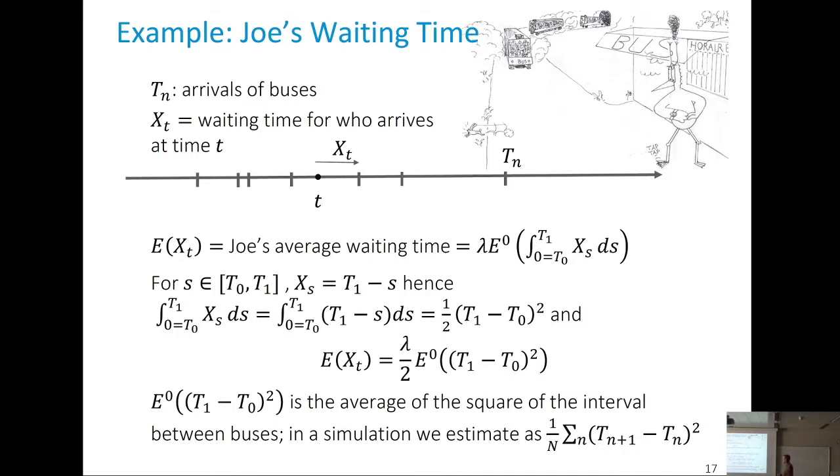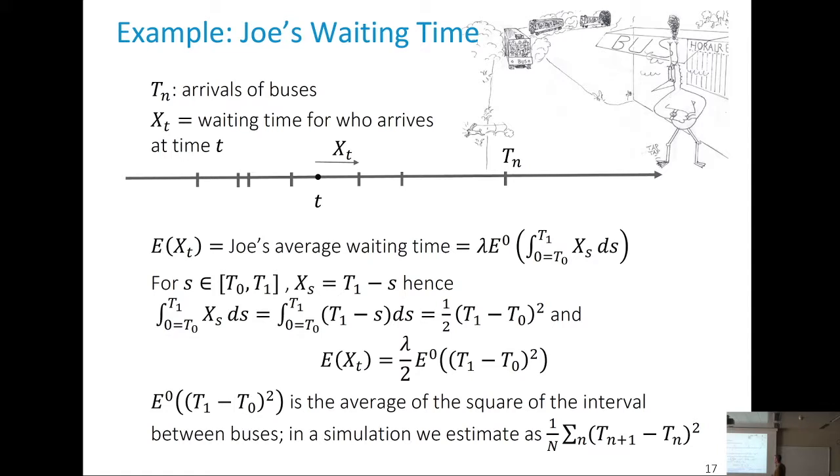So we see that the average waiting time is in fact equal to lambda over 2 times this quantity. Lambda is the number of buses per hour, 3 in the previous quiz, right? But to obtain the average waiting time, we need to have the average of the square of the bus inter-arrival time here.